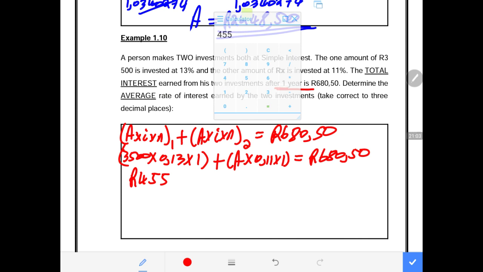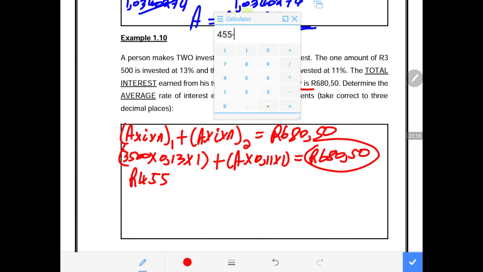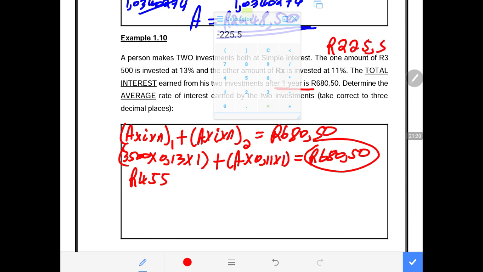This is the interest for the first investment. The total interest on the two investments of 680.50 minus this will give us the interest on the second investment as 225 rand 50 cents.